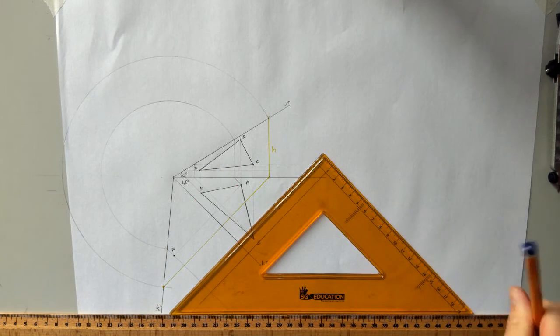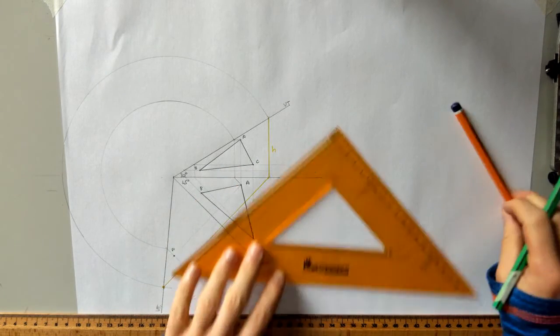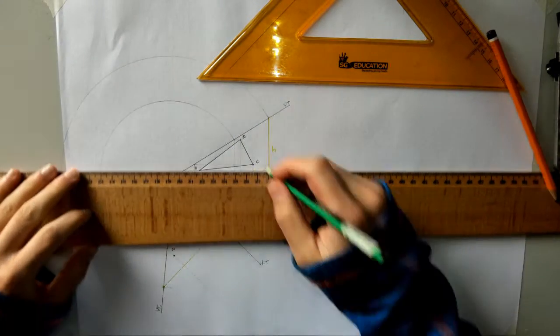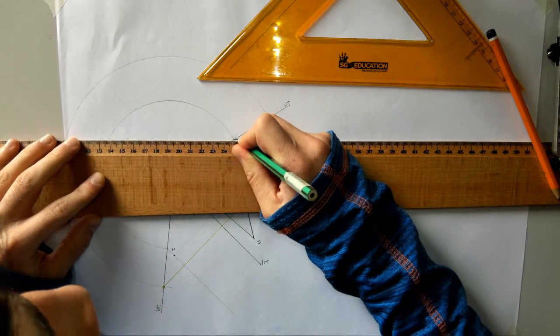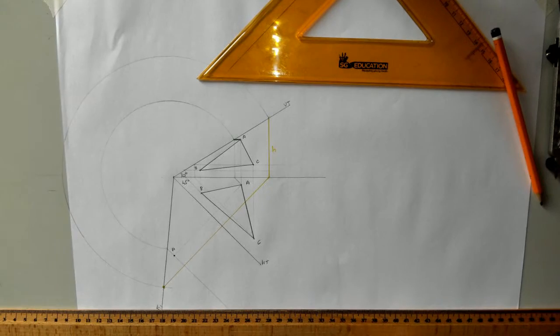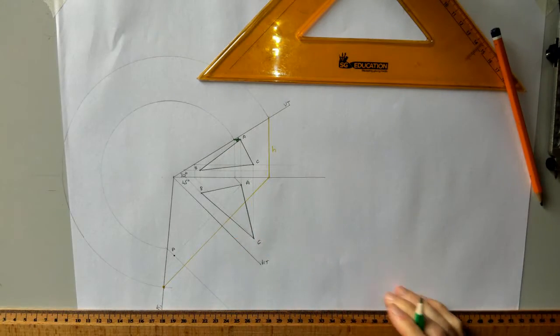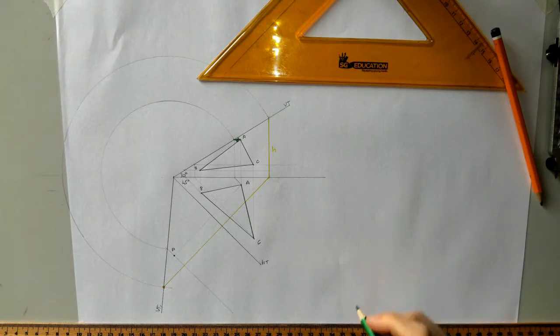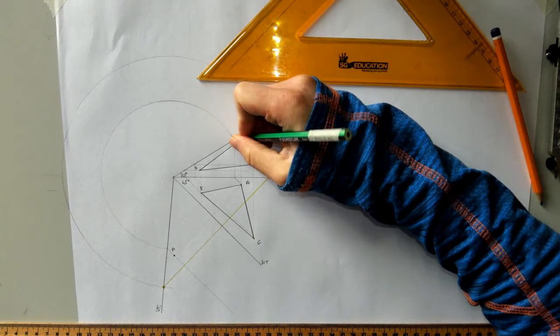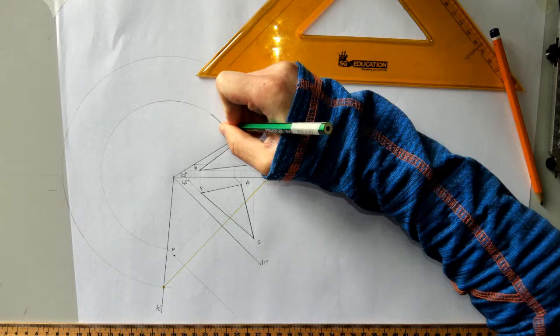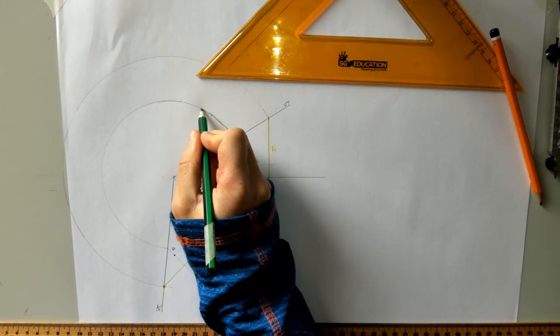So, just use green just to show A there. So A, take it across to hit our vertical trace, and then it's rotated around.